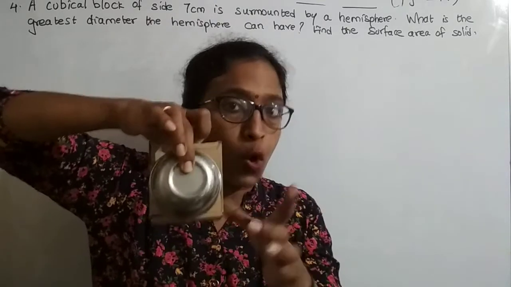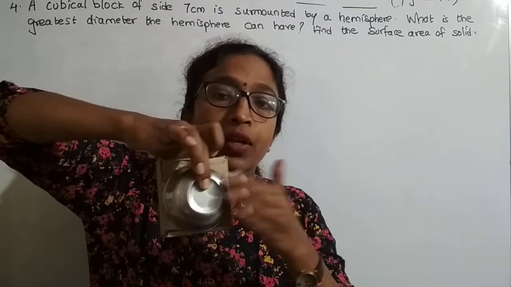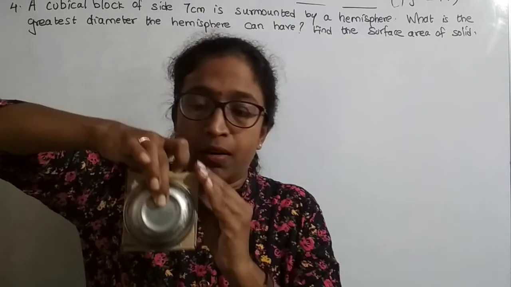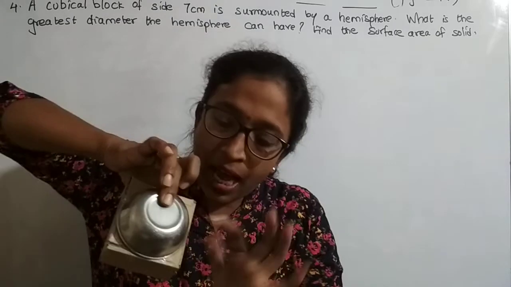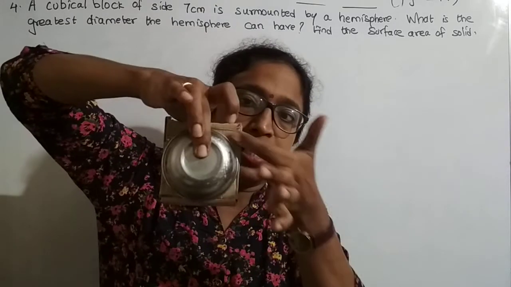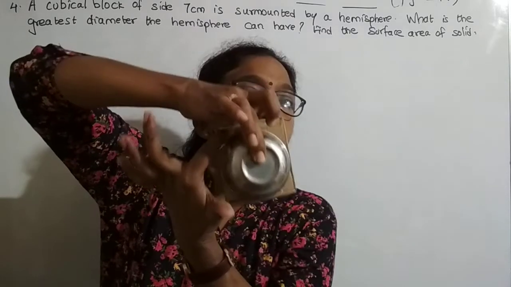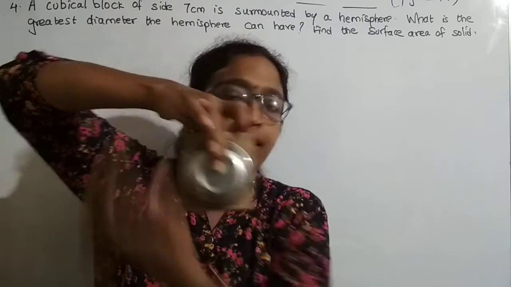Now this is one object. What am I going to paint? This katori, this hemisphere, I am going to paint. What is the surface area, CSA, of a hemisphere? 2 pi r square. So when I kept this hemisphere, you can find that this portion is there. The 4 edges, can you find it's like a sector? 4 small sectors are found at the 4 corners.